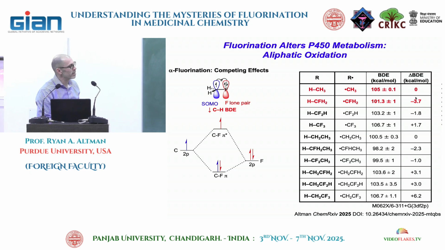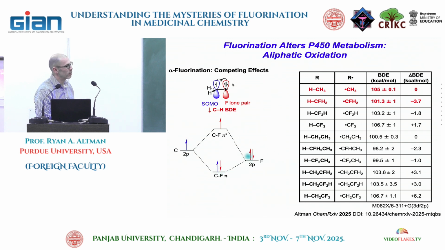When we abstract H dot from fluoromethane, we would get the CFH radical that has a single electron on carbon. Fluorine still has a lone pair of electrons, and we can get orbital mixing. In that orbital mixing diagram, we make a pi bond that involves one electron from the carbon with one electron from the fluorine pairing.